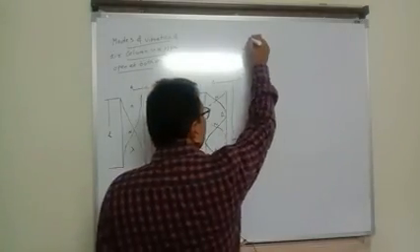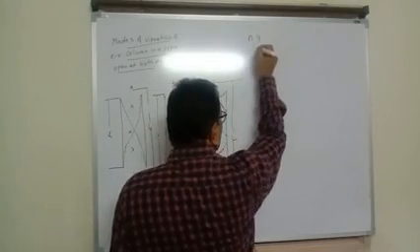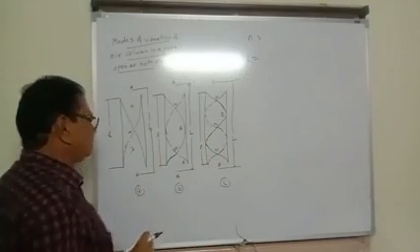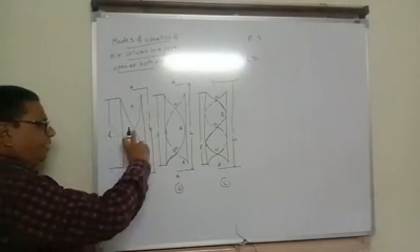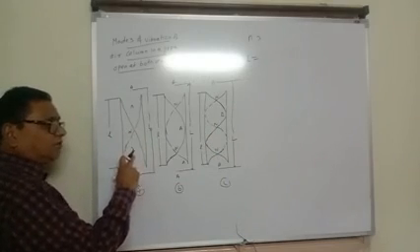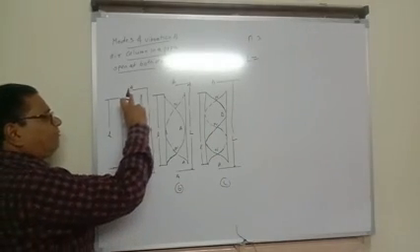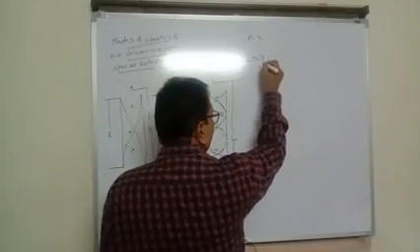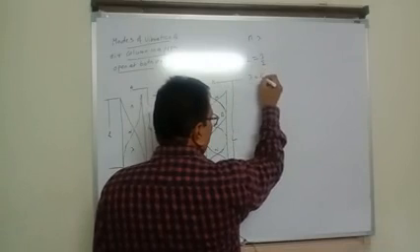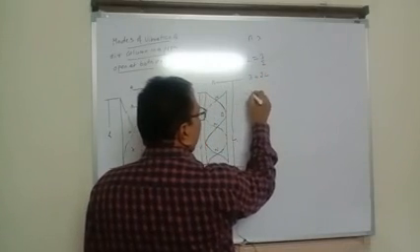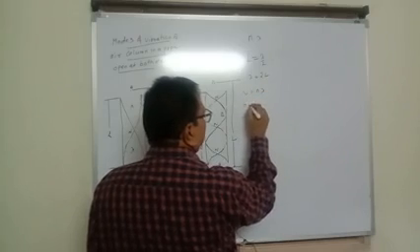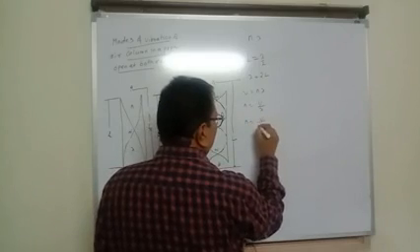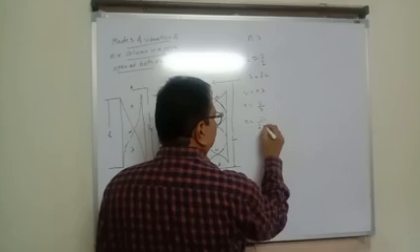Let n be the frequency of vibration and lambda be the wavelength. Then the corrected length L is equal to the distance between node and antinode, lambda by 4, plus lambda by 4, which is lambda by 2. Or lambda is equal to 2L. But v is equal to n lambda, or n is equal to v upon lambda, or n is equal to v upon 2L.